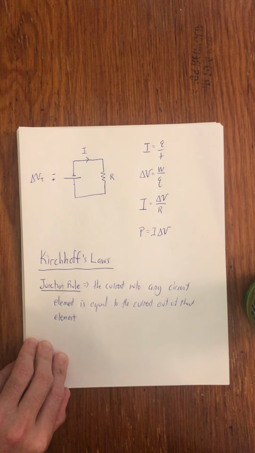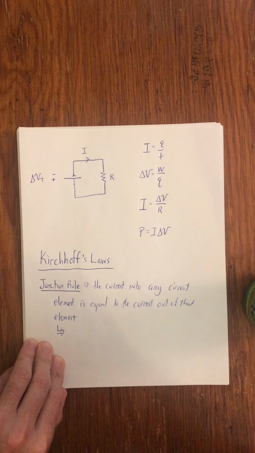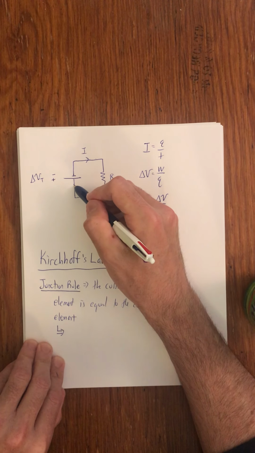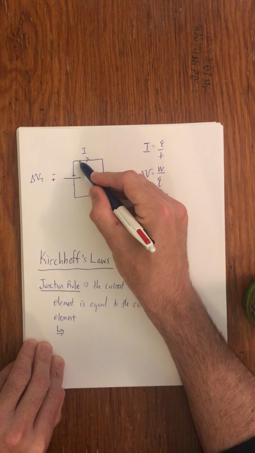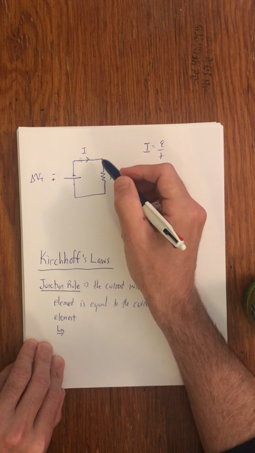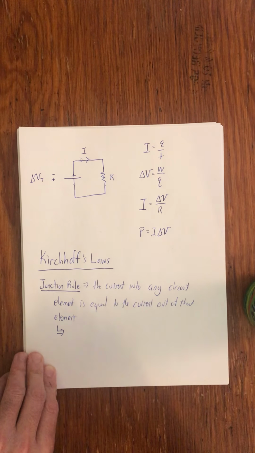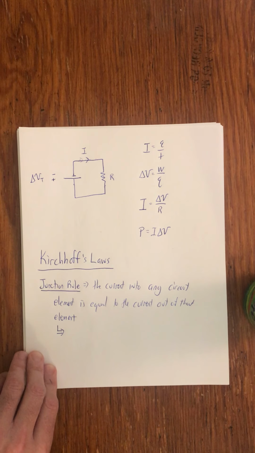Let's think about where that comes from. The current in is equal to the current out. That's going back to me saying before, if 10 electrons enter this, they're going to leave. If 10 electrons enter this little bit of wire, they're going to leave that bit of wire. If 10 electrons enter the resistor, they're going to leave that resistor.